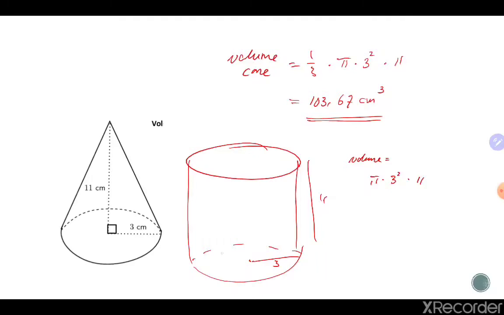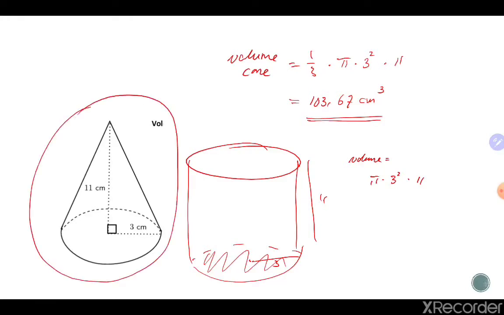So the area of my base, and then times the matching height. But here we just multiplied with 1/3, so it fits 3 times. This one fits 3 times in my cone with the same base and with the same height. So that's the difference between a cylinder and the cone.